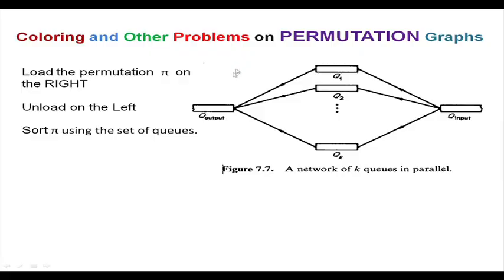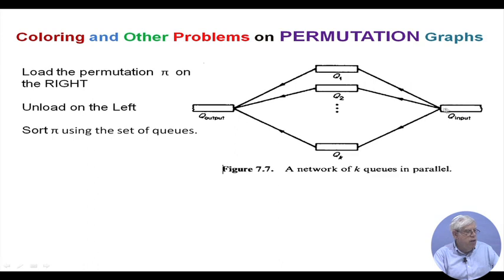So this algorithm uses what we call a network of k queues in parallel. These are queues. Things go in at one end and come out at the other end. And they are acting in parallel. My coloring algorithm is going to do the following. I'll load my permutation pi on the right side, on the input queue.